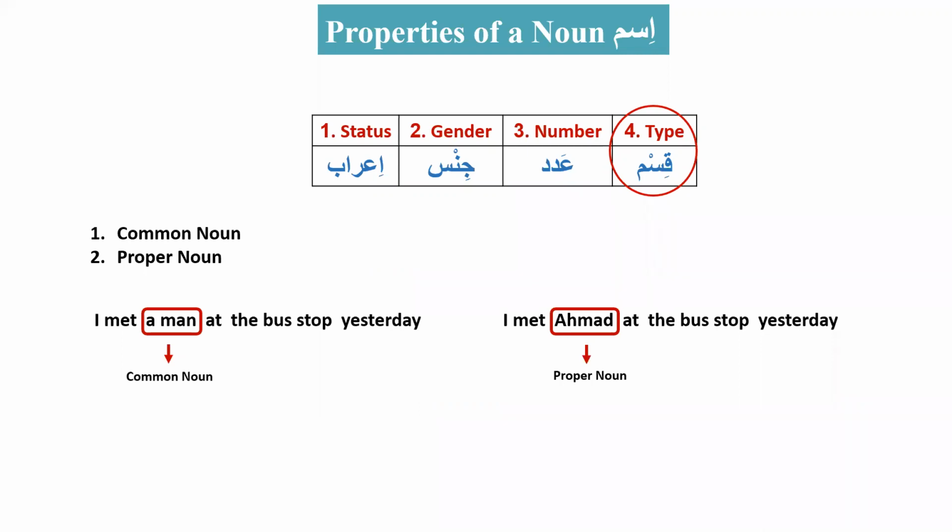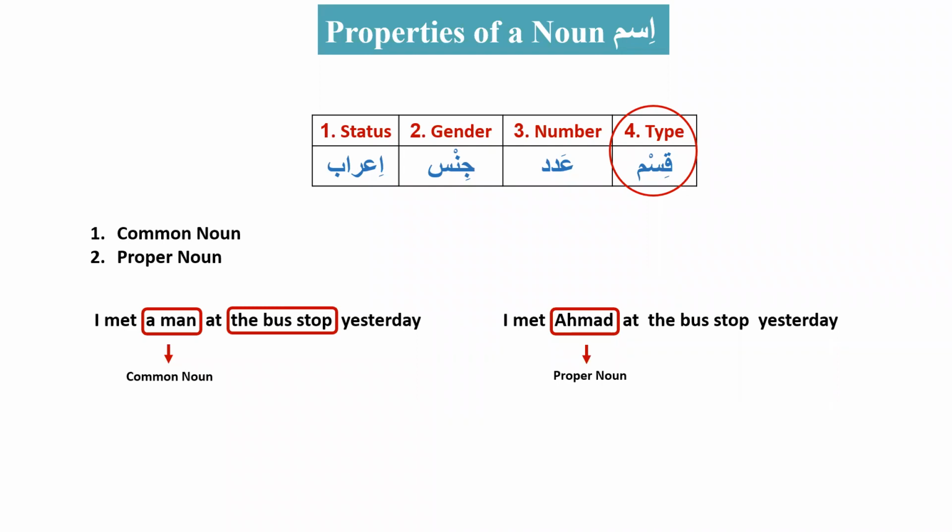Okay, let's use another English sentence. No, actually, we can stay with the first sentence. I forgot about it. The word is the bus stop. Is it a common noun or a proper noun? Ayan?